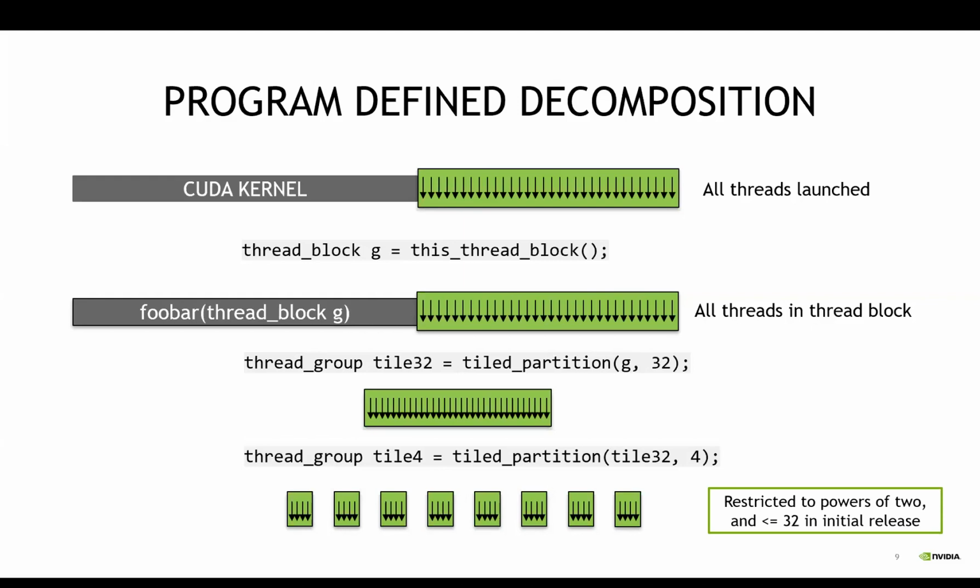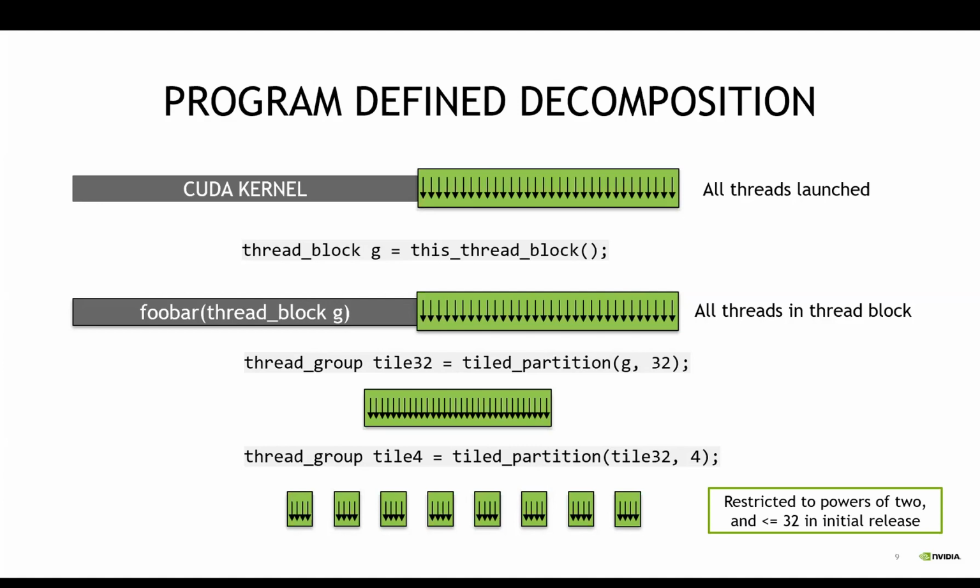And I have a making function for that called this thread block, and that assigns an object to this opaque variable g, and we can then interact with that variable g using the methods that we just talked about. And so this thread block will create a thread group that is in every way analogous to the thread block that you've already learned about in CUDA. It has the same composition of threads, it has the same logical identity, and so forth.